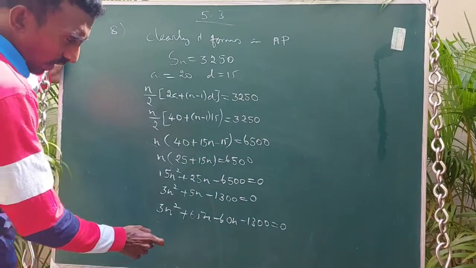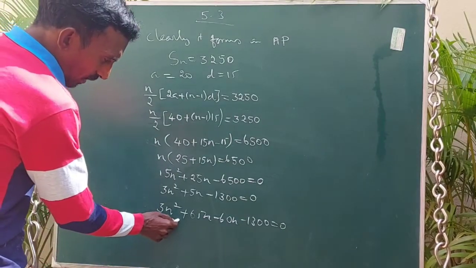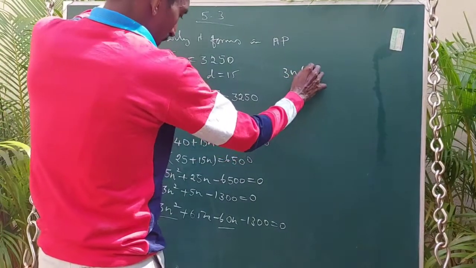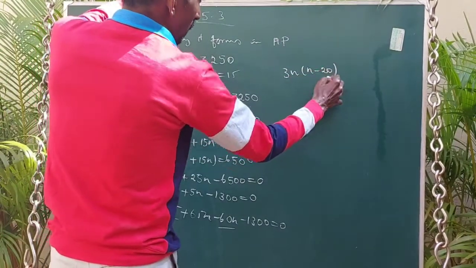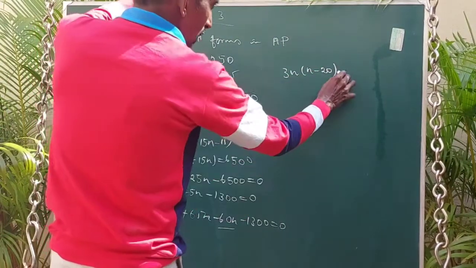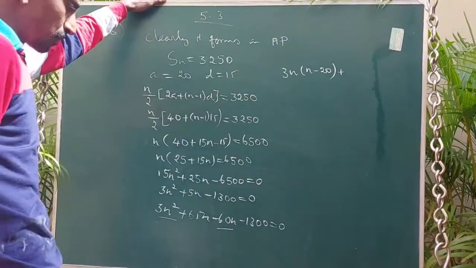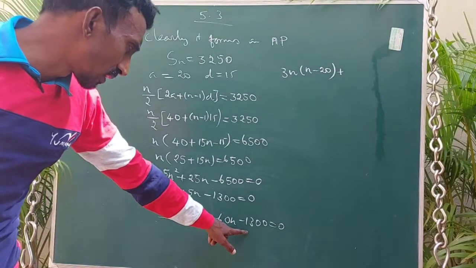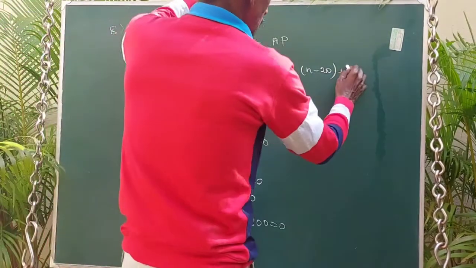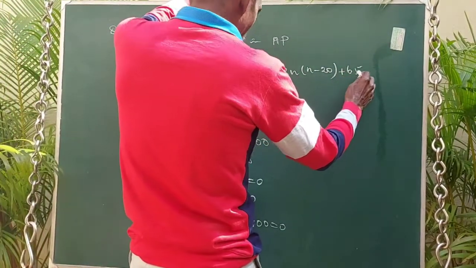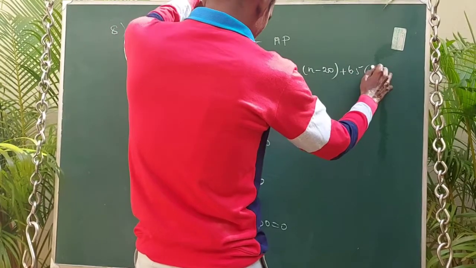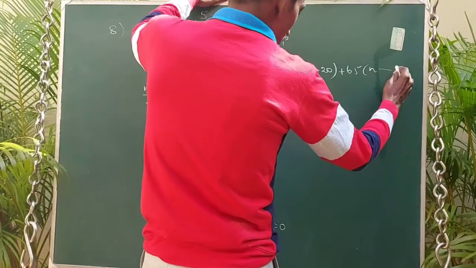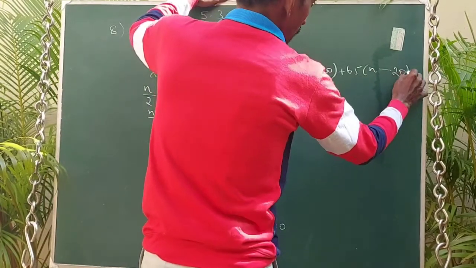For the first two terms, if we take 3n outside, we get 3n into (n − 20), plus, if we take 65 for the other two, 65 into (n − 20) = 0.